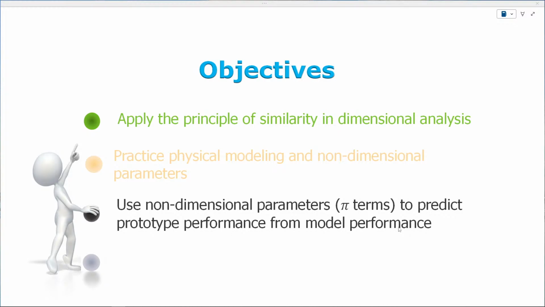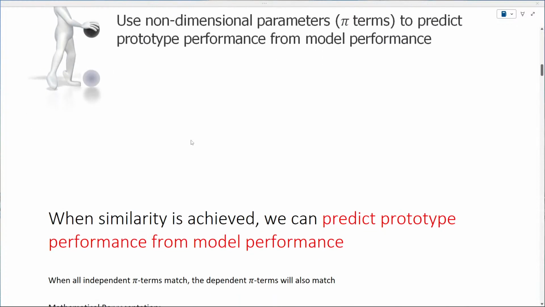So this is more like a recap. We did this already, we applied the principle of similarity. We came up with the non-dimensional parameters. In this video, we will specifically look at how to use non-dimensional parameters like these pi terms to predict the prototype performance from the model performance.